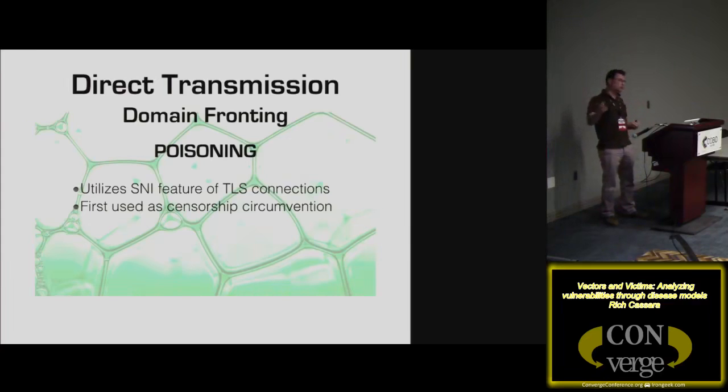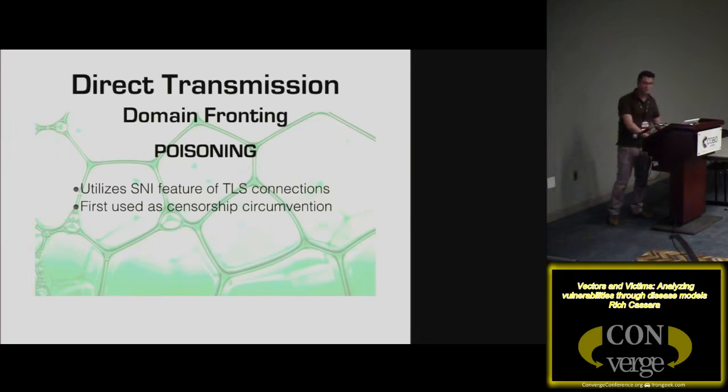Well, that's allowed through because there are many legitimate resources behind there, but the SNI part of the packet was not being introspected by the firewall, and that allowed a client to communicate directly with a server that the firewall may not have wanted them to be able to communicate with.